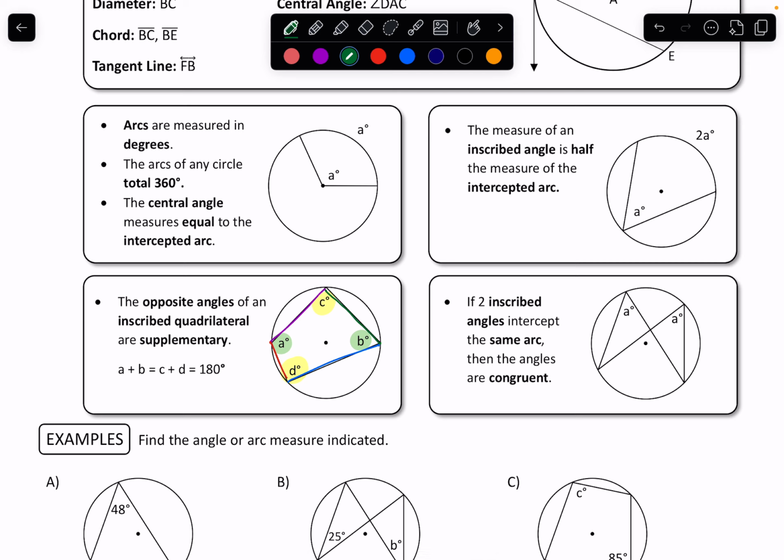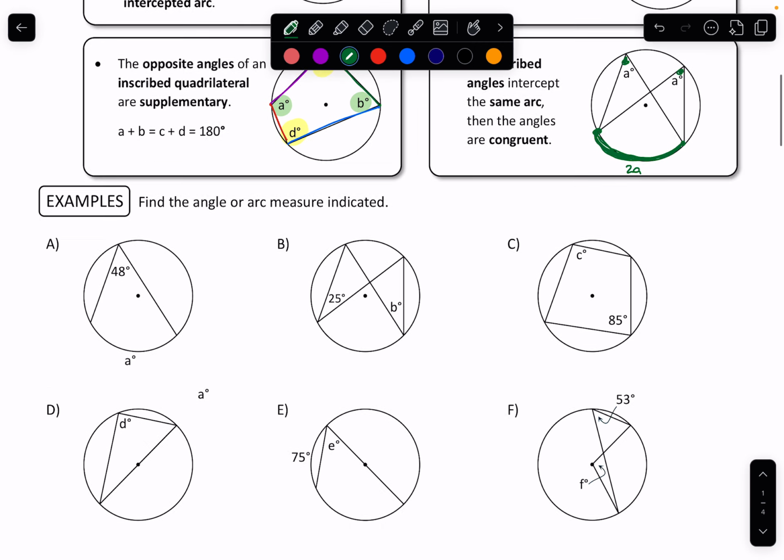If 2 inscribed angles intercept the same arc, then the angles are congruent. If you notice, both of these angle A's right here start here and end here. So they're both connected to this arc, which means they have the same angle, and it's half of whatever this is out here.